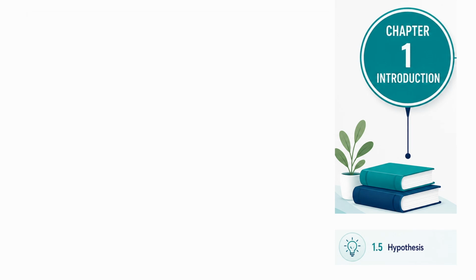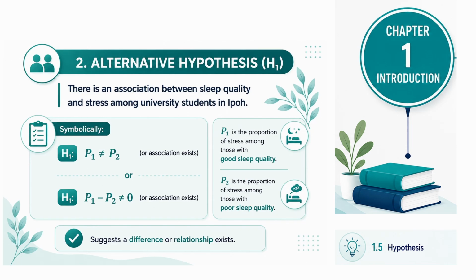Now we will go through the alternative hypothesis. The alternative hypothesis is the opposite of the null hypothesis. It states that there is an association between sleep quality and stress among university students in Ipoh. The symbol used for the alternative hypothesis is H1. P1 is not equal to P2.